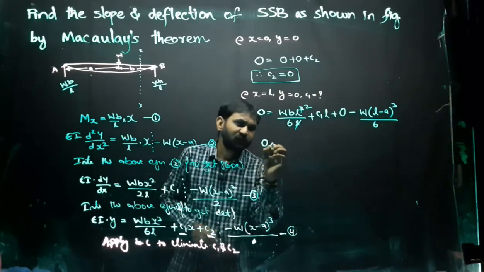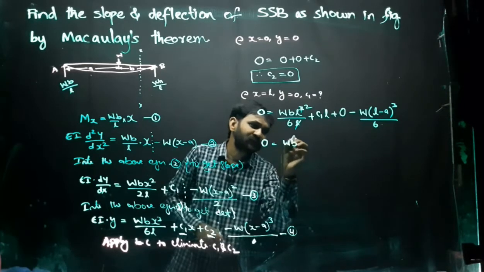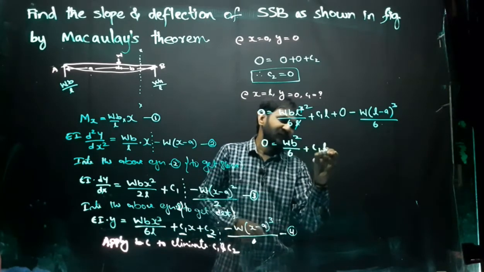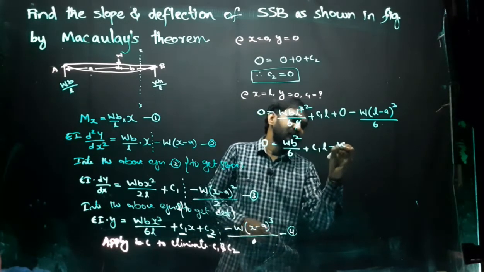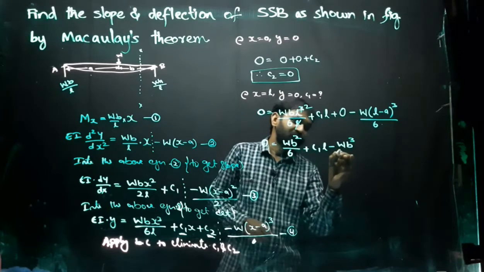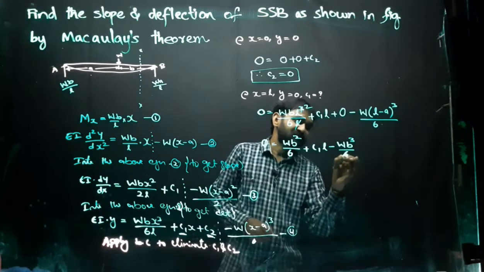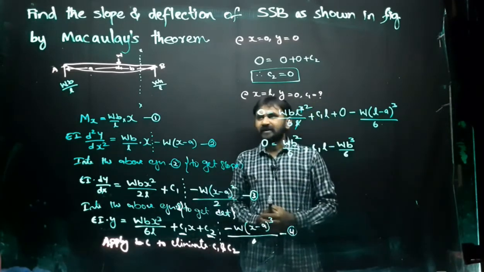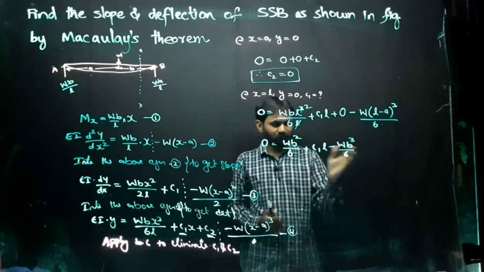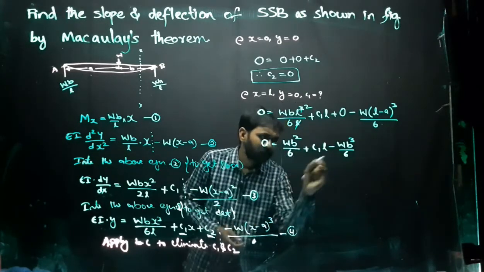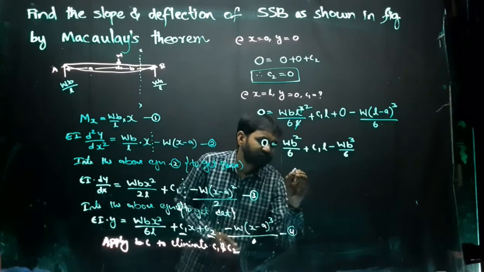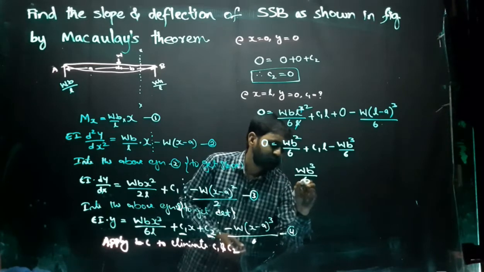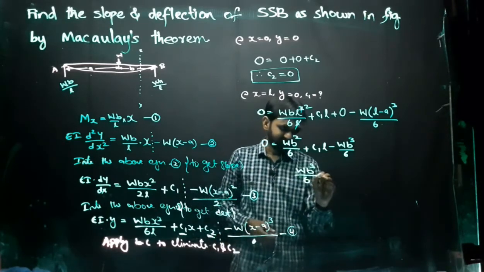So 0 is equal to W B L square by 6 plus C1 L minus W B cube by 6. From this I need to get only the C1 value, so I am taking these two terms to the LHS, so it became W B cube by 6.